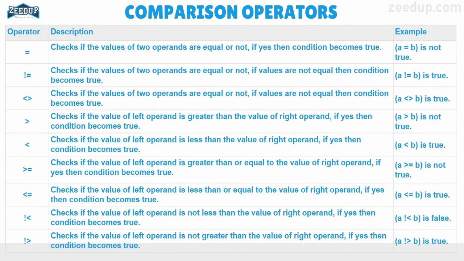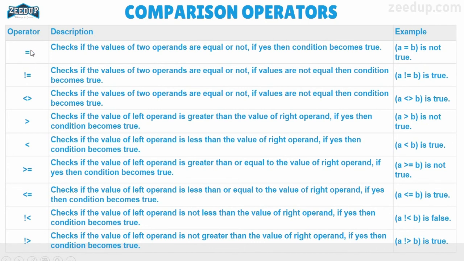The second type of operators we have are known as the comparison operators. These operators work upon two operands and are used to compare them and return the result in the form of a condition, or they evaluate a condition and return the result in the form of true or false, that is a Boolean value.